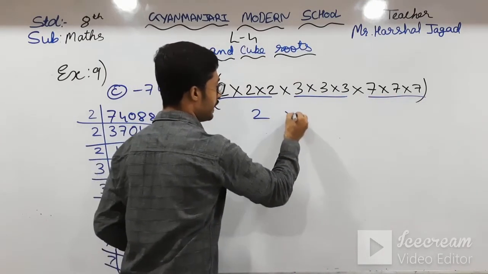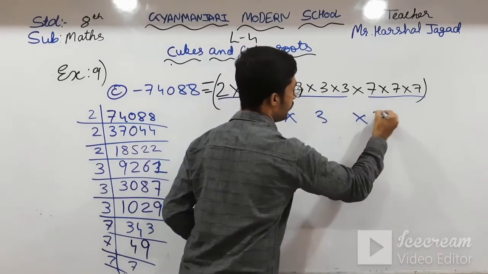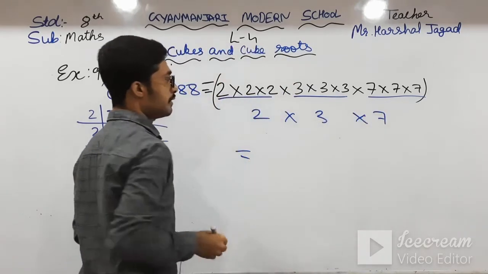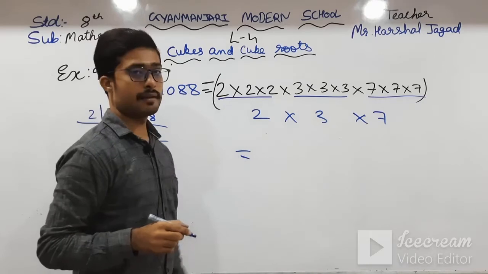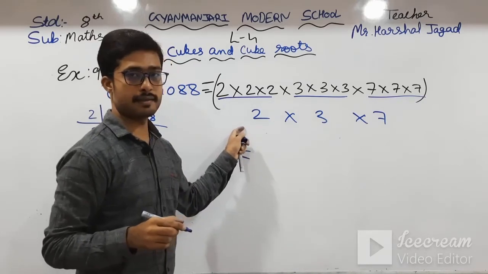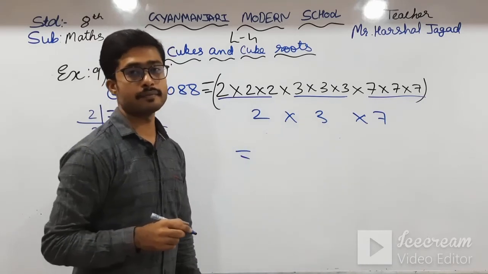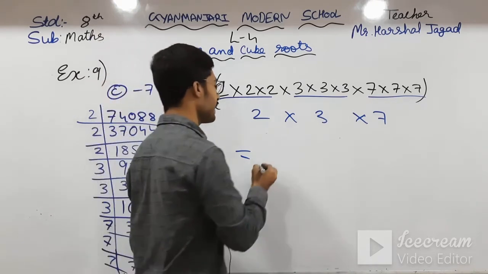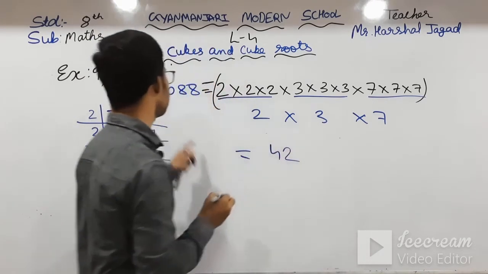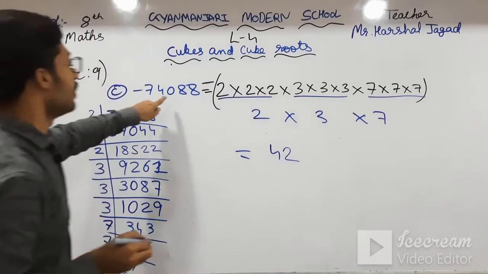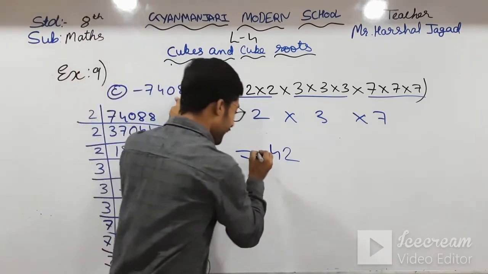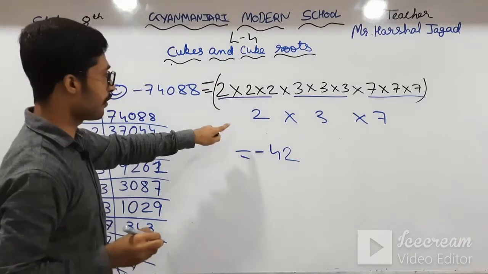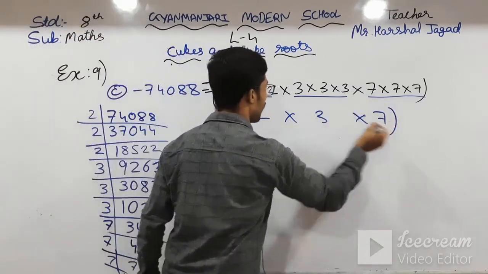So 2 into 3 into 7. What will be there? 3 2s are 6. 6 7s are 42. So this is the cube of minus 42. We forgot the sign over here also, minus.